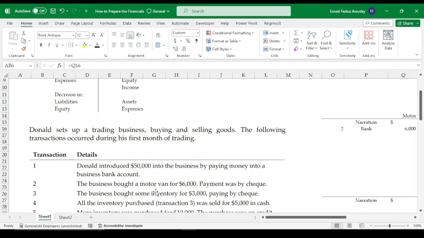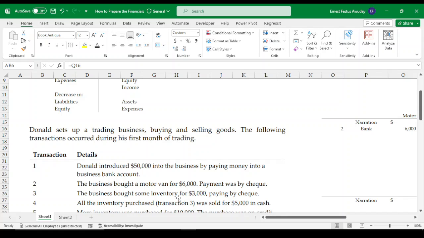Now we know that inventory is an asset, but inventories are going to be consumed, used up, or sold within one financial year. Therefore, they are current assets.